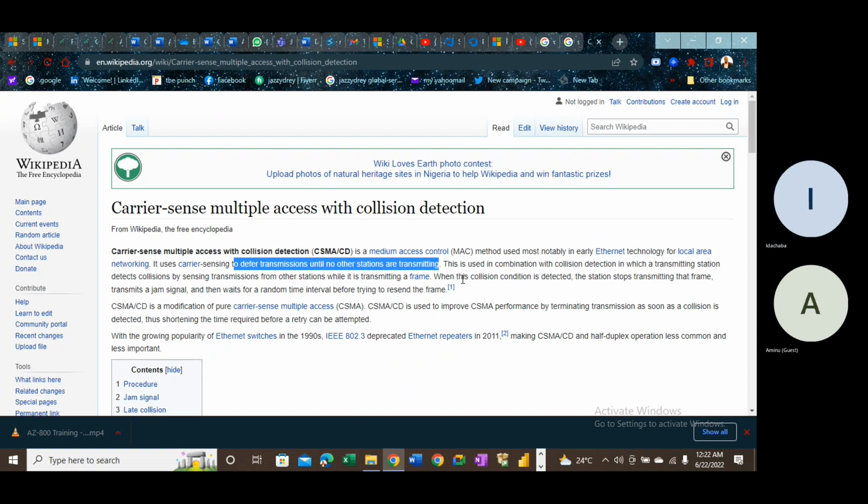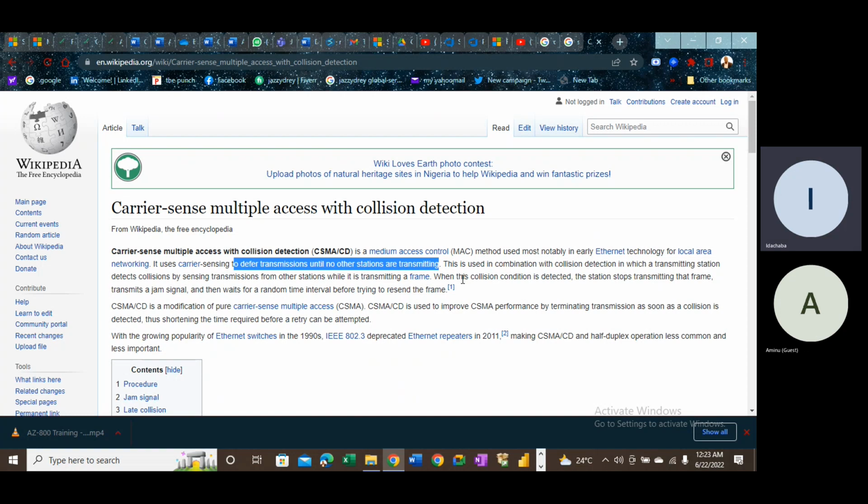When they are using the hub, because a lot of stations and computers are talking at the same time, there's going to be a lot of collision of traffic. So this technology has also been designed to detect collision. Once it knows that this traffic and the other one might jam each other, it will stop them.